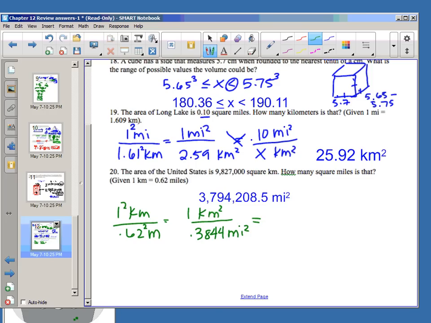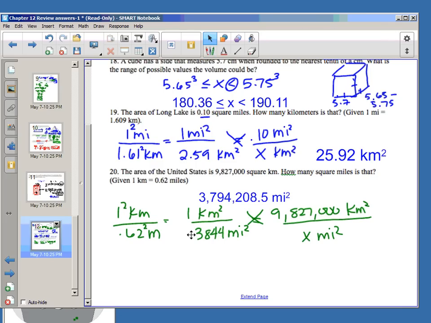I'm going to set that equal to 9,827,000 square kilometers and figure out how many miles squared that is. When I cross multiply, I should get 3,794,208.5.